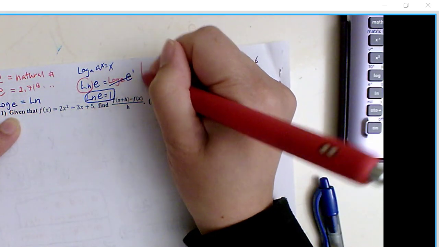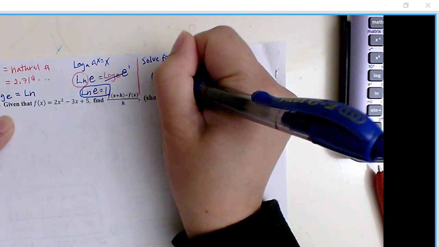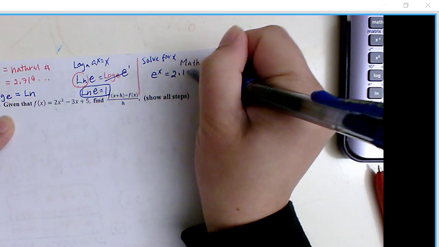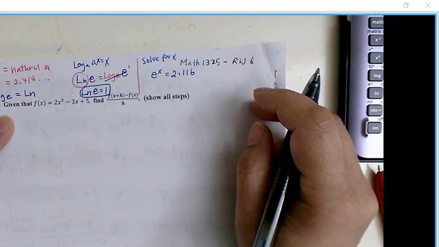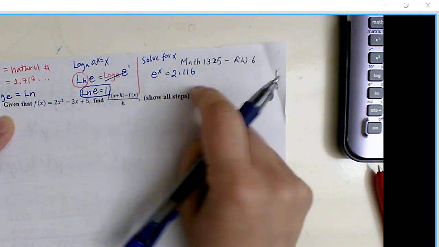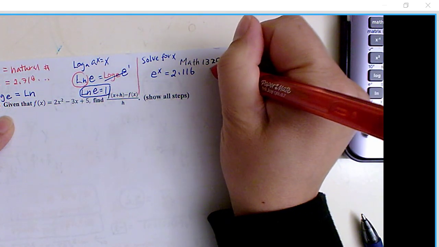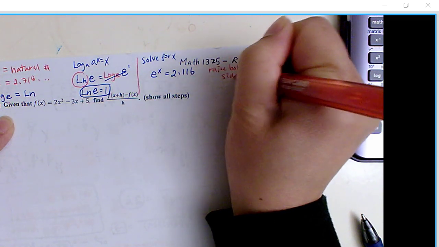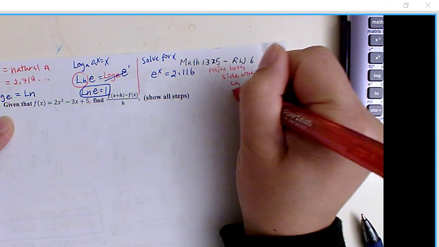There is a homework question that looks kind of like this. It asks you to solve for x. If e to the x equals 2.116. So they are trying to use the fact that ln e cancels and equals 1. So they said raise both sides with ln and then use the calculator. So the strategy is raise both sides with ln and then use the calculator.